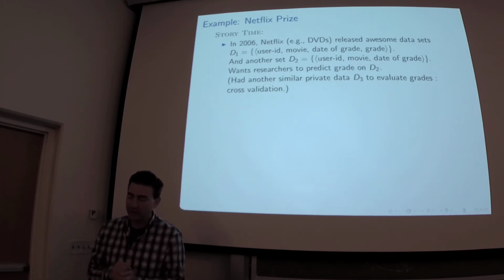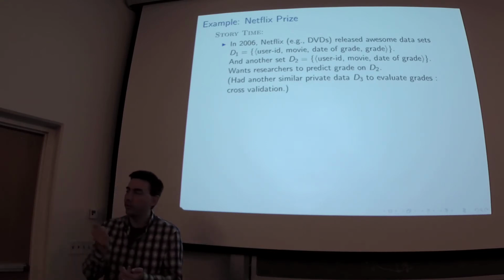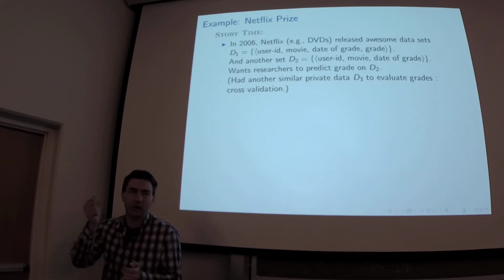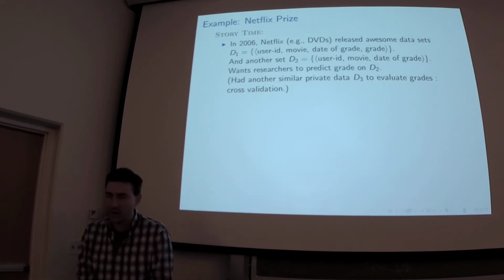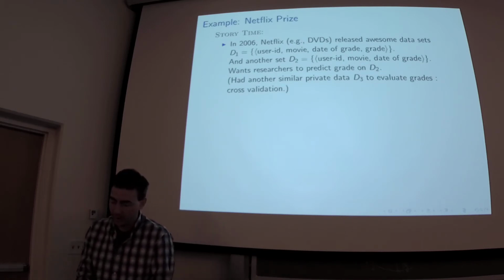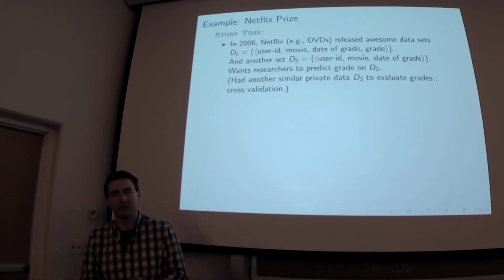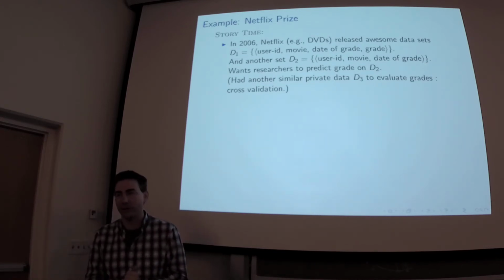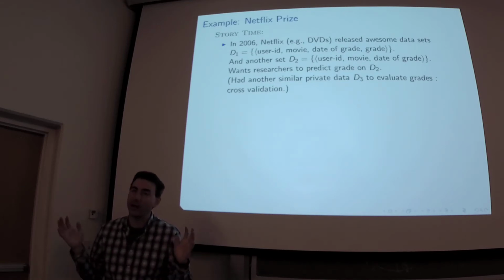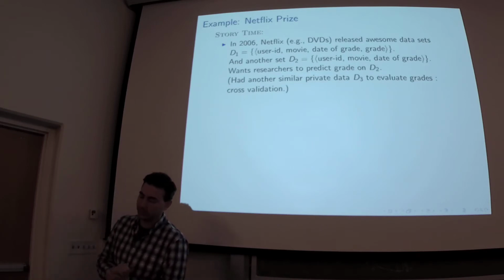So they had this data set where they had these user IDs, what movie they watched, the date, and then the actual score they gave on the movie, right? And this was a very sparse, incomplete data set, which the matrix completion kind of stuff we talked about on Monday. A lot of those algorithms came out of studying this particular problem.